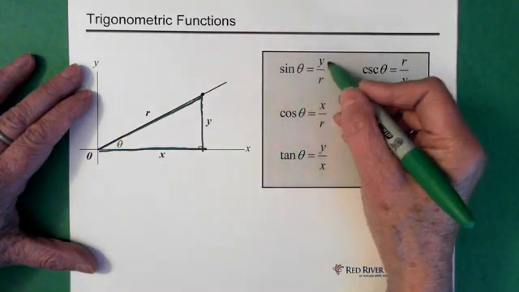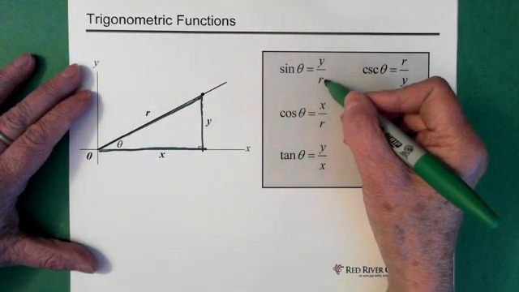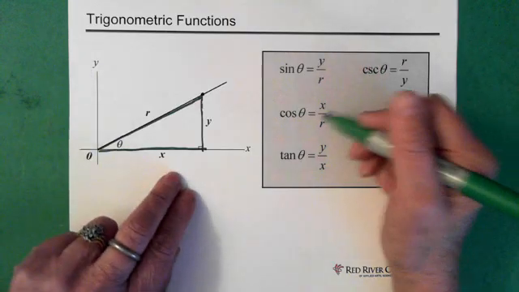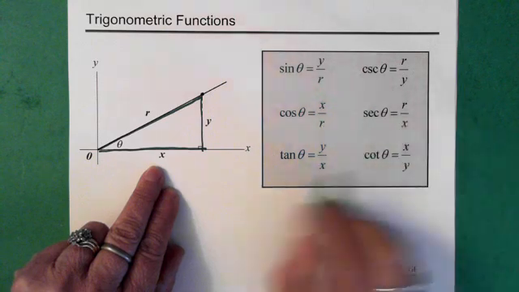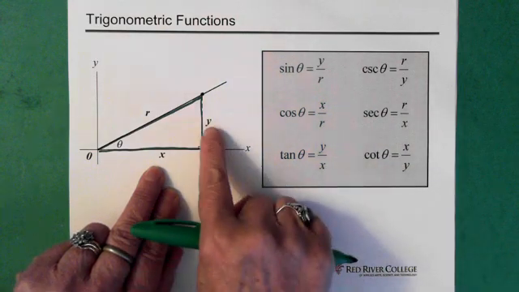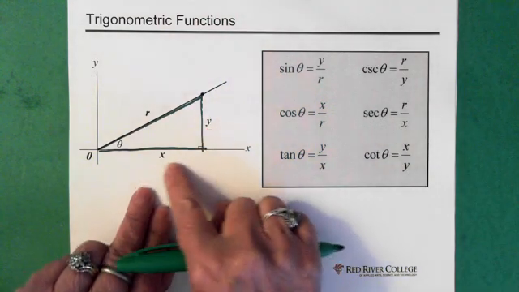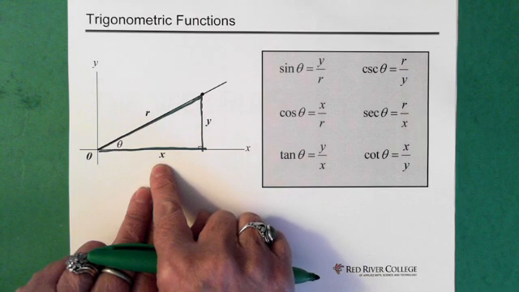So the sine of the angle is the y over the hypotenuse. The cos of the angle is the x over the hypotenuse. And the tan of the angle is opposite over adjacent.